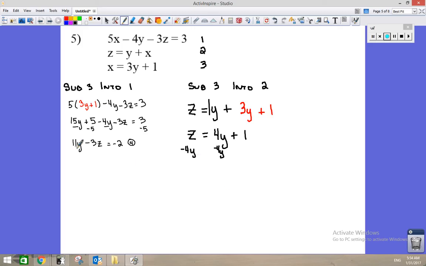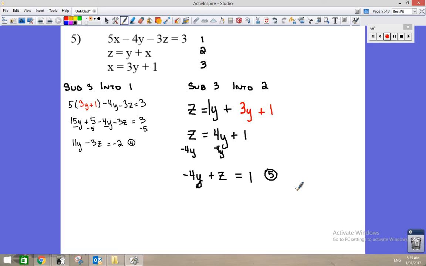And since this y is written first, I'm going to write the negative 4y because I can't combine the y and the z because they're unlike terms. So I've got negative 4y plus z, and this positive 4y and negative 4y cancel each other out, and I have that equal to 1. So I'm going to call this equation 5.